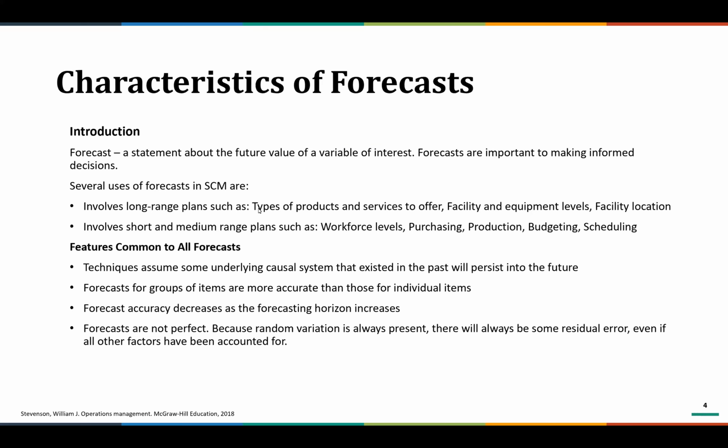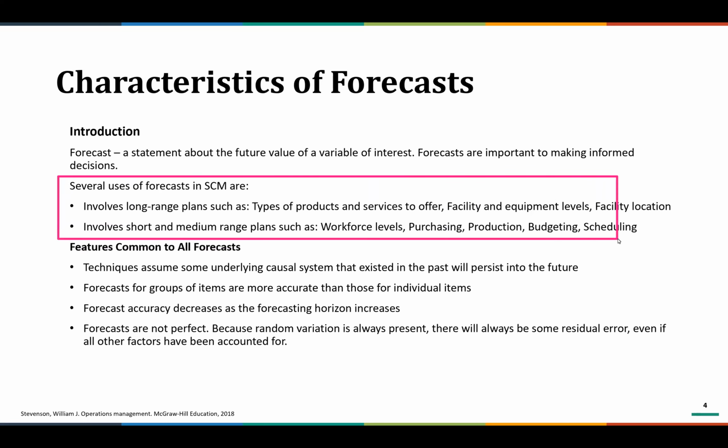Several uses of forecasts in the supply chain you can see here, like forecasting the level of inventory, using the forecast of demand to determine where a facility should be placed, to determine what type of product should be purchased, and to schedule the work.